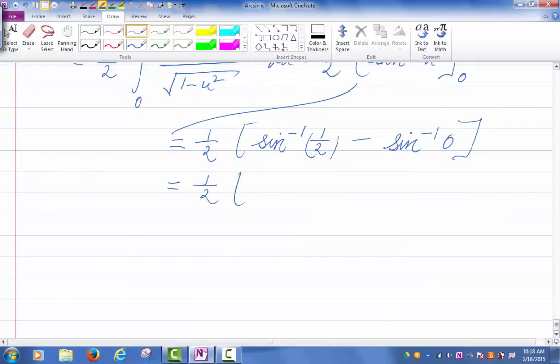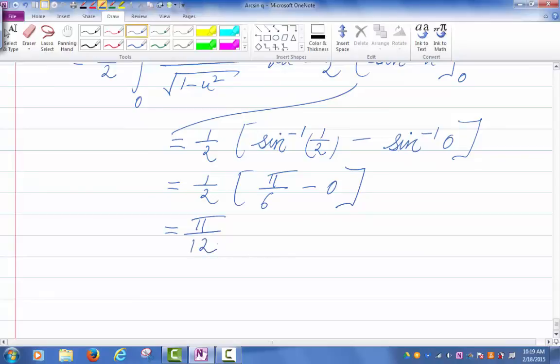Pi over what? Pi over 6, right? 30 degrees. Sine inverse of half is the angle for which sine value is half, right? So sine of 30 degrees is half, so this is pi over 6. And what is sine inverse of 0? Give an angle for which sine is 0, right? Sine 0 is 0, yep. And so I get pi over 12 at the end.